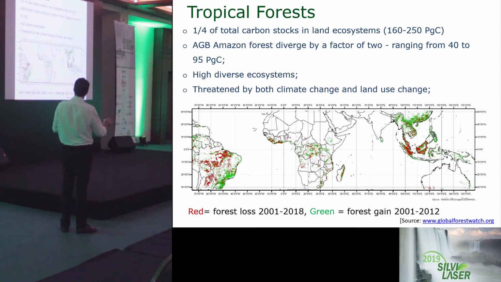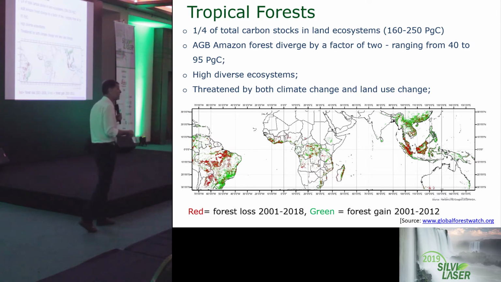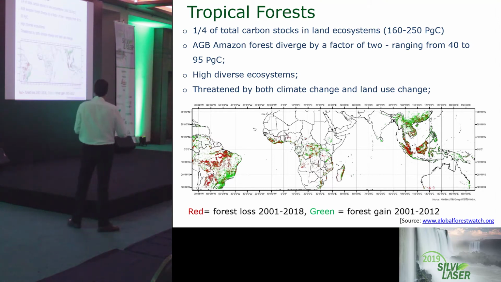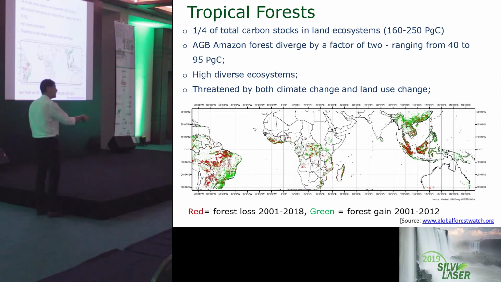These are highly diverse ecosystems, so this is a challenge for our work with LiDAR, but it's a huge opportunity in terms of ecosystem services, and in terms of the relation of conservation or production and conservation of these systems to decision makers. But these systems are highly threatened by both climate change and especially land use change.